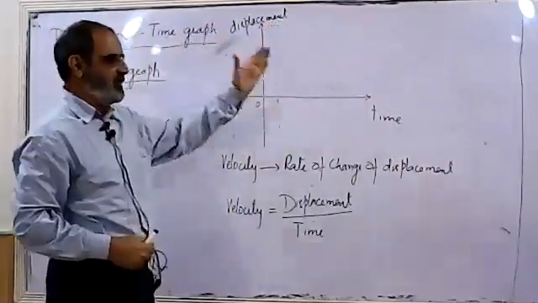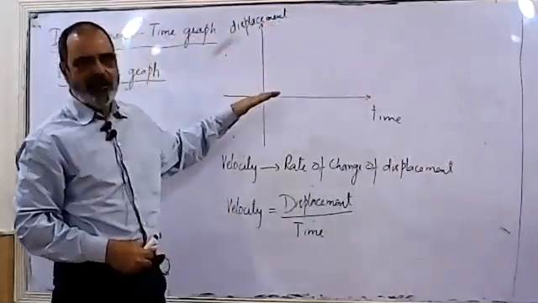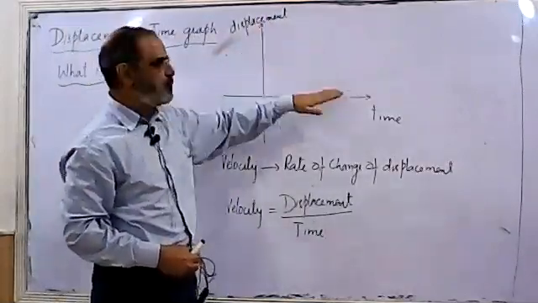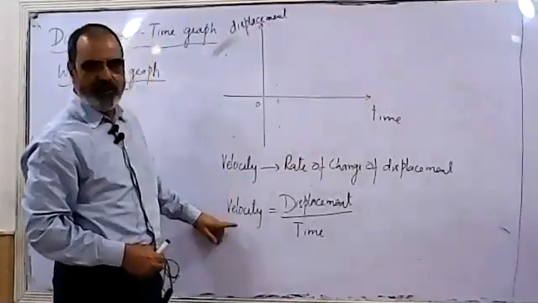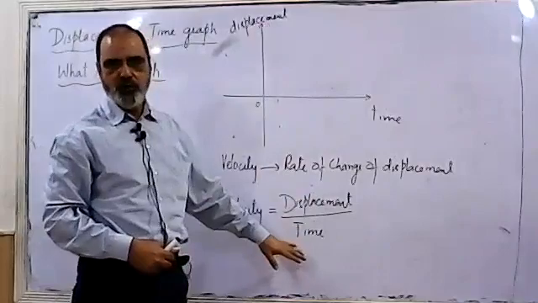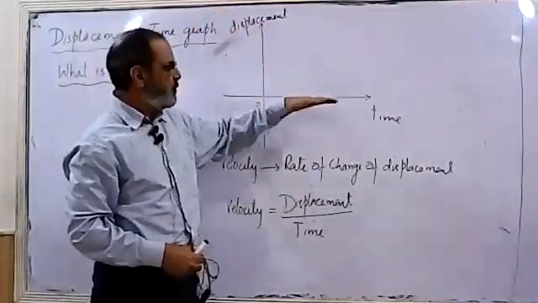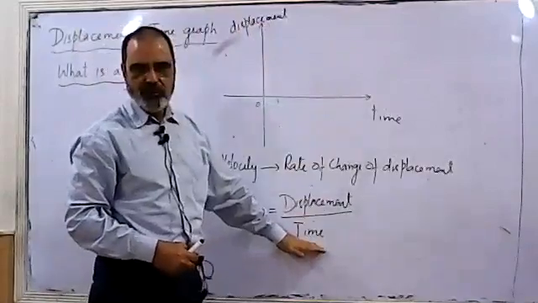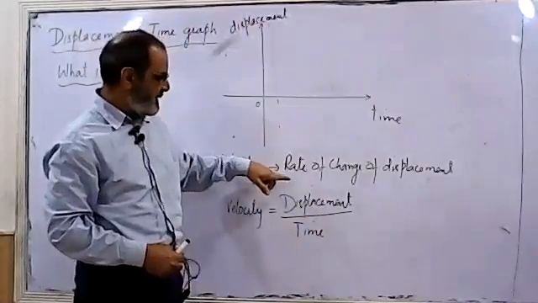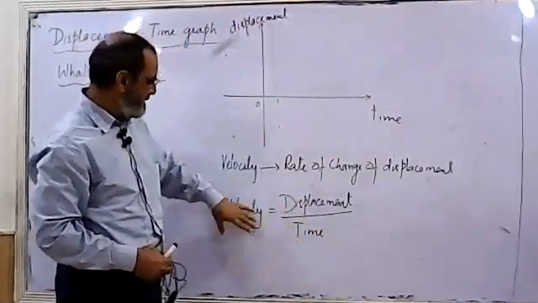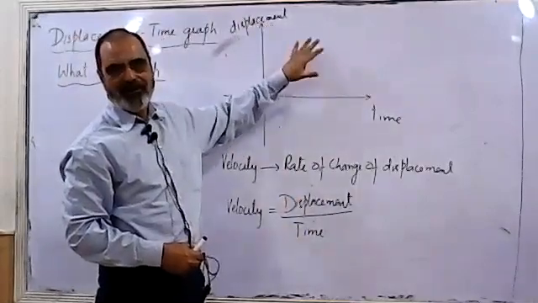There could be any two quantities, and the line or curve that will be formed between these two axes represents a third quantity, which is related to these two by dividing the quantity along the vertical by the quantity along the horizontal. So the vertical quantity divided by the horizontal quantity gives the third quantity, which will be represented by the line or curve in this section.